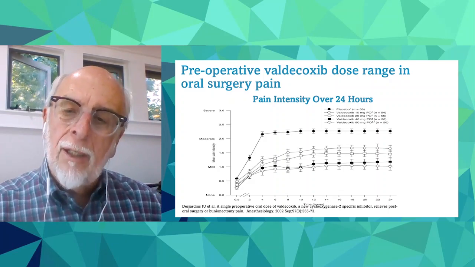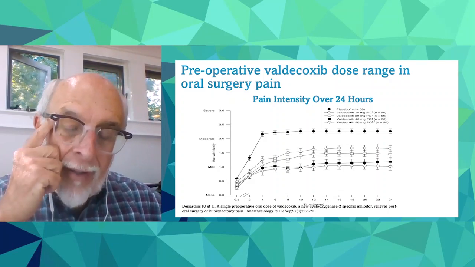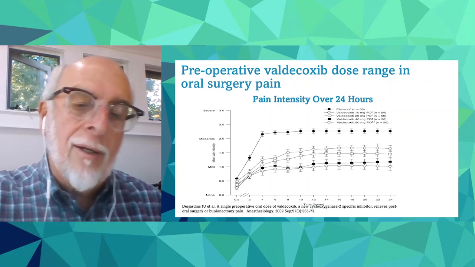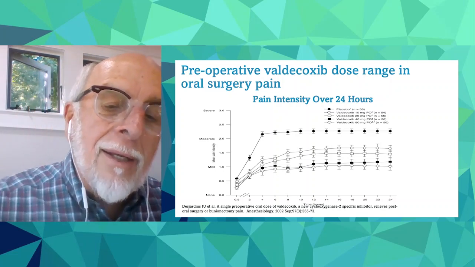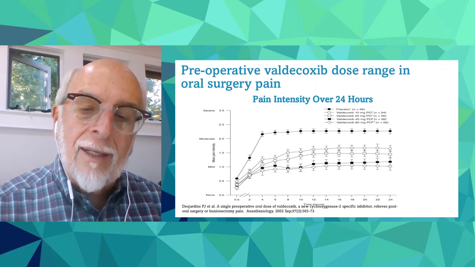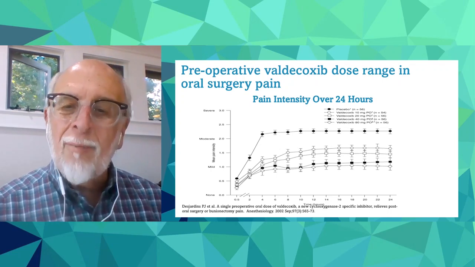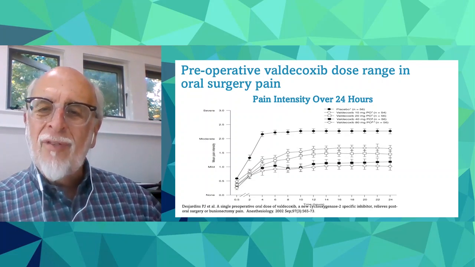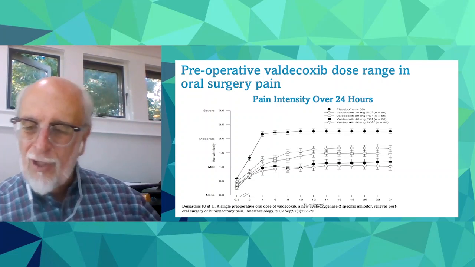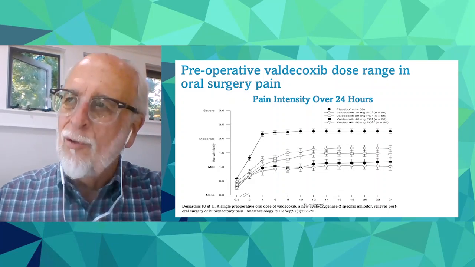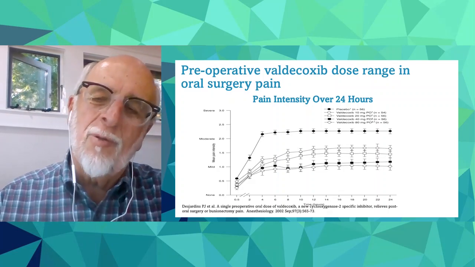And what you can see at different doses of valdecoxib, you can delay that pain. You don't completely prevent the pain, but you can see the pain basically gets only to a level of 1 or 2, which is pretty mild pain. And what we've seen with most colleagues that are using nonsteroidals routinely in their practice, especially after surgery, you don't wait until their pain becomes moderate or severe.